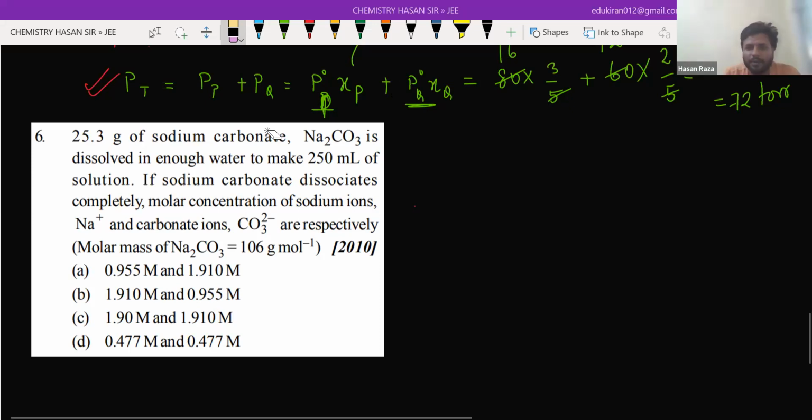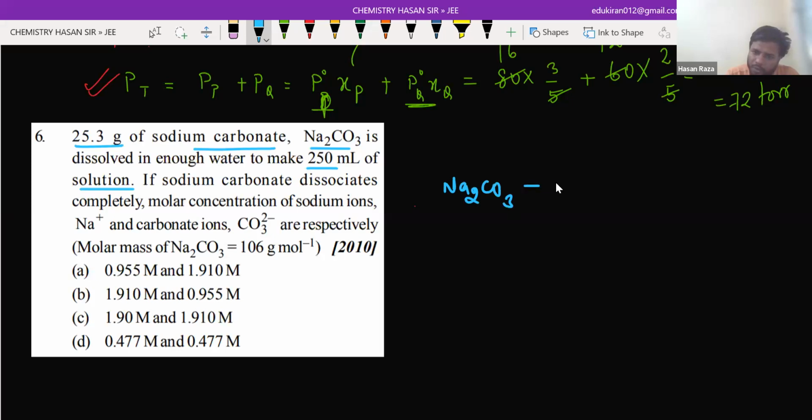Okay, let's start. I'm going to explain this. See, 25.3 gram of sodium carbonate, Na2CO3, is dissolved in enough water to make 250 ml of solution. First of all, if sodium carbonate dissociates completely, it will be converted into Na plus and CO3 minus 2.